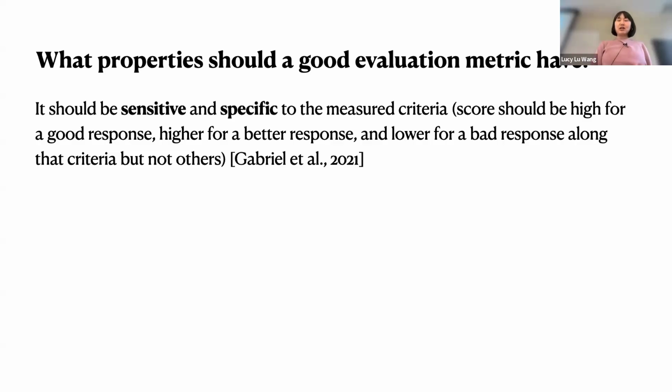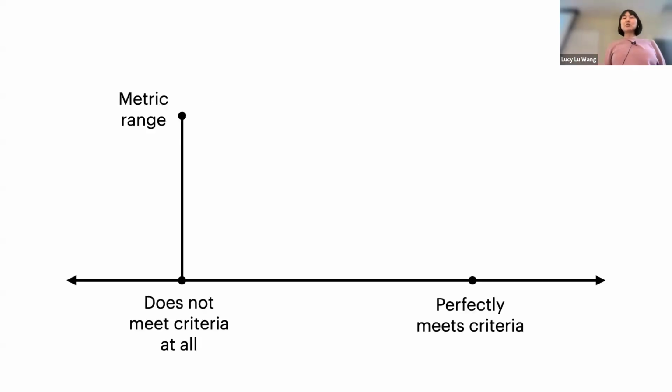I would say this is a prerequisite to having a good evaluation criteria. There are plenty of other properties that are desirable, but just thinking about these, what makes this hard to achieve? This is how I think of the problem in a very simplistic sense. On the x-axis, we have the range of all possible outputs, spanning from those that do not meet our criteria of interest at all to those that maybe perfectly meet our criteria.